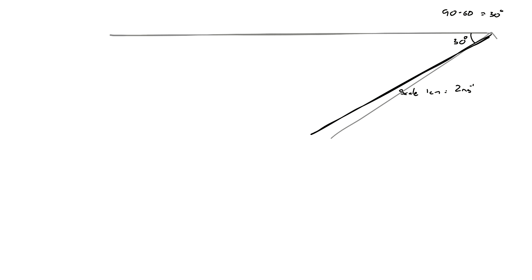So that means that this line is 15.52 centimeters long, or as best as we can get it. Okay, this is our velocity vector of A from O. Okay, with me so far.